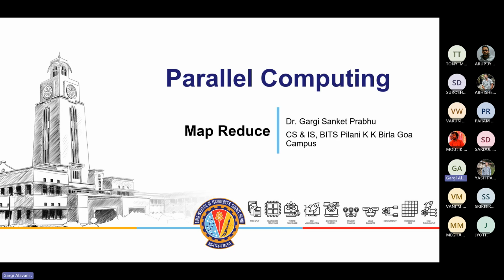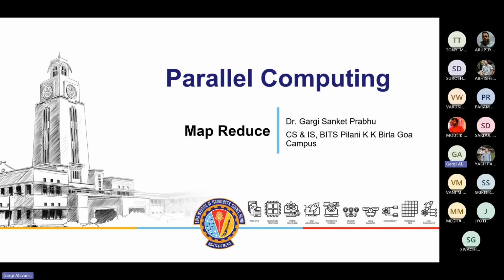The goal is to handle more workload, like more users or more data. How do we do that? We divide the work among multiple resources, and we also talked about client-server, distributed, and P2P methods, if you all recollect.